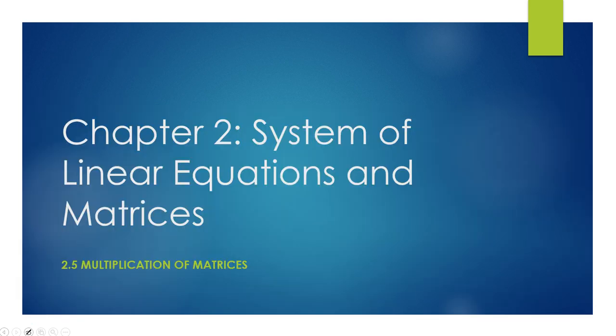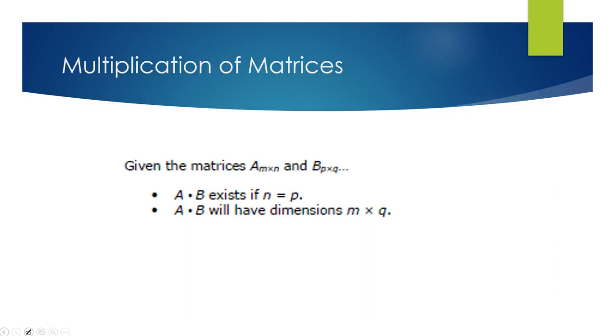Multiplication of matrices. So, we talked about addition, subtraction, scalar products. But what if I multiply 2 different matrices? It could be done as long as, you're told that A is an M by N matrix, and B is a P by Q. The first thing is, for me to be able to do multiplication, this dimension and this dimension have to be the same.